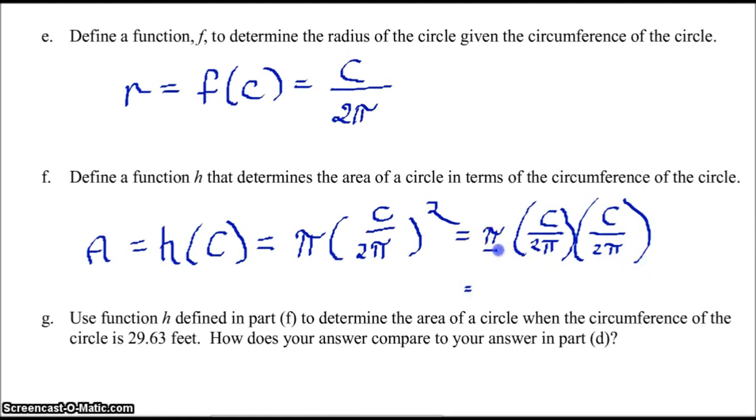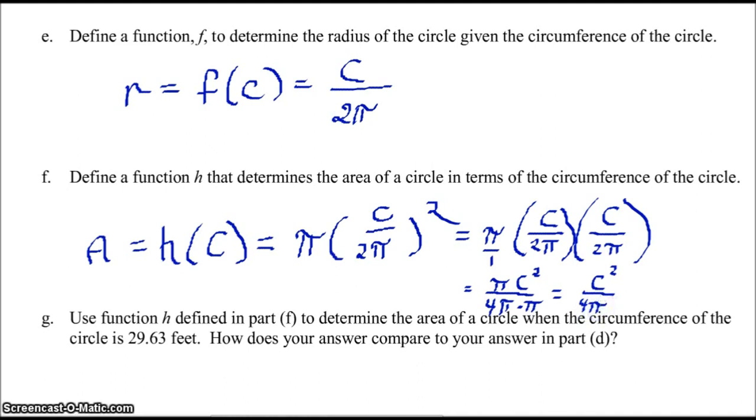And just think about this as over 1. Just multiply the numerators. That's pi times C is C squared over 2 times 2 is 4, and pi times pi is pi squared. But notice that we can actually cancel out one of these pi's. Pi divided by pi is 1, so we really have C squared over 4 pi.